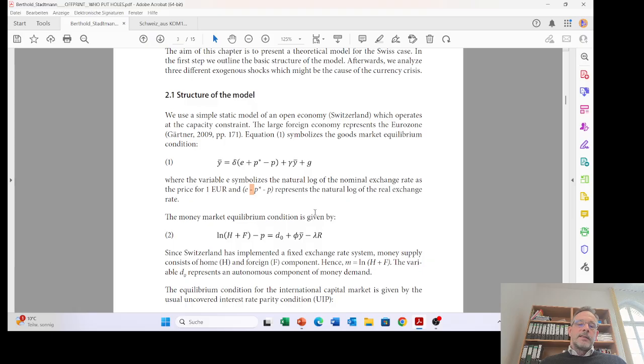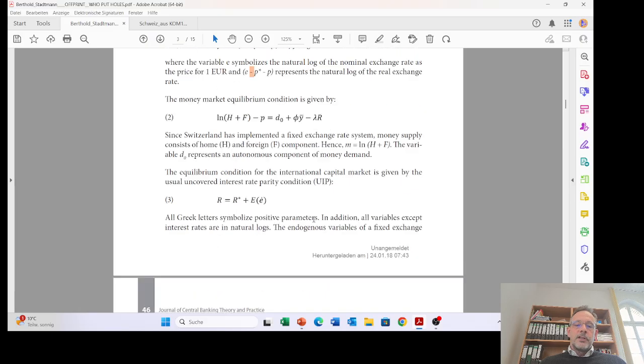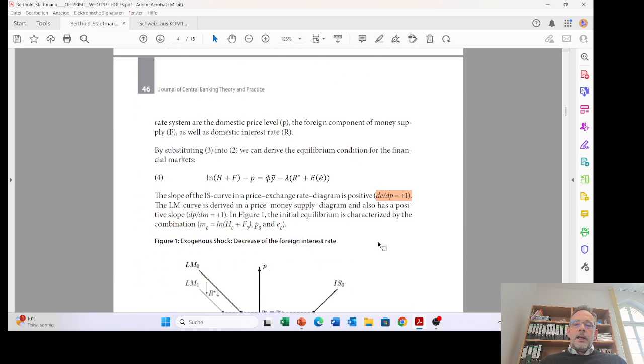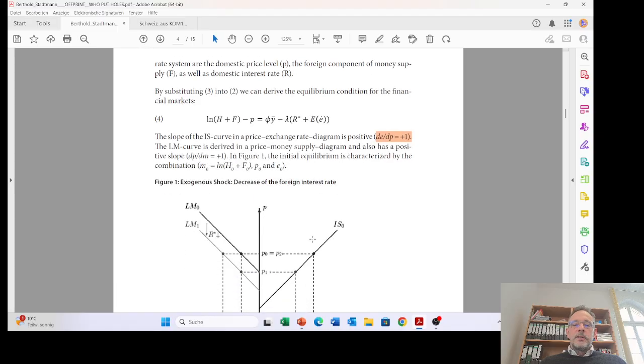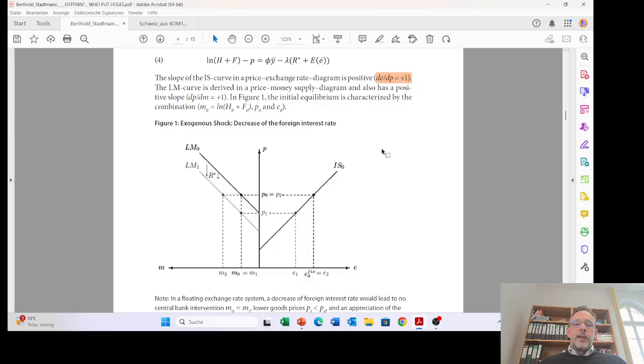Everything else is the same as in my presentation. Then also one little mistake here: when we compute the slope of the LM curve in this diagram, it is dP/dE, which is equal to +1. So you have to reverse this fraction here. But everything else is the same as before.